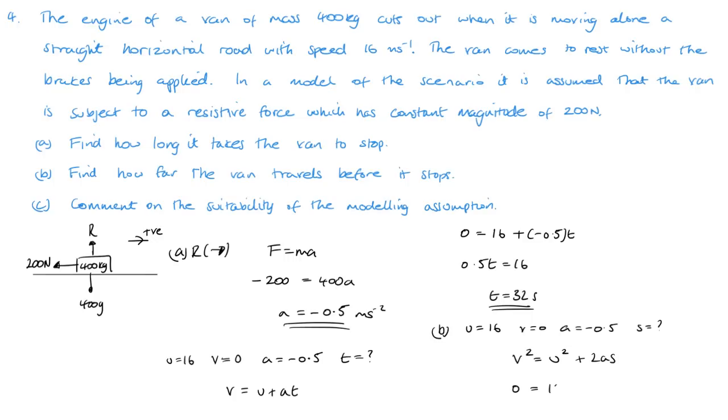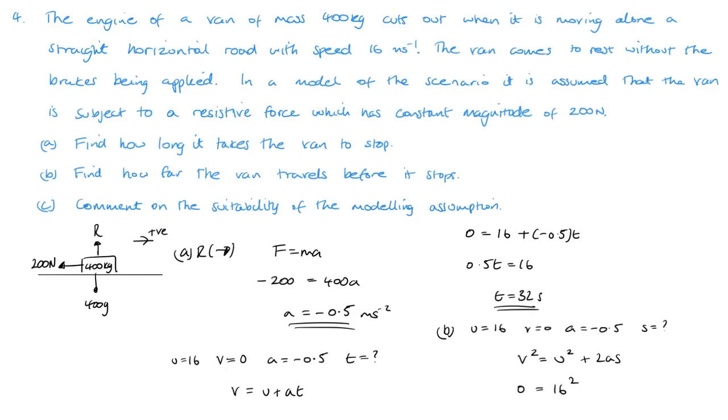So 0 equals 16 squared minus 2 times A is 1, so it's just going to be minus S. So S equals 16 squared, which is 256 meters.